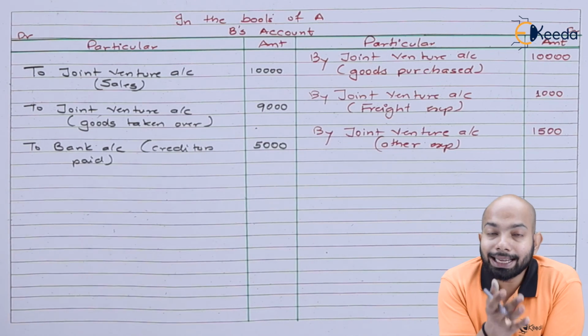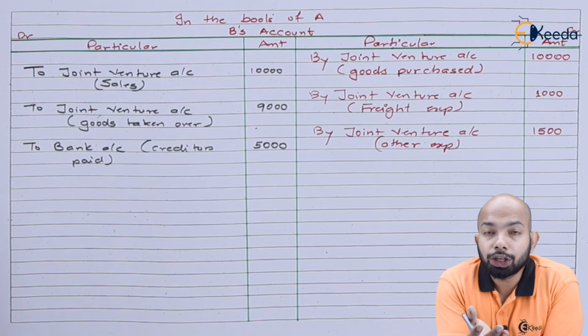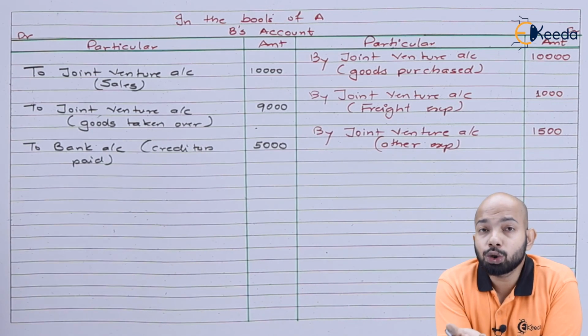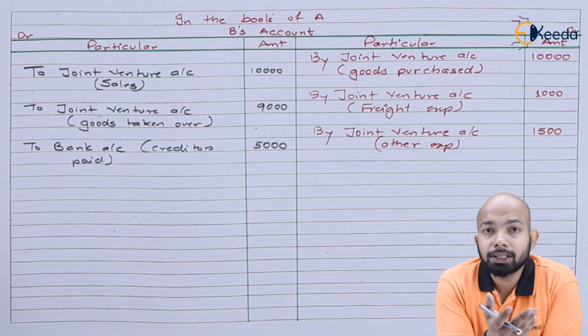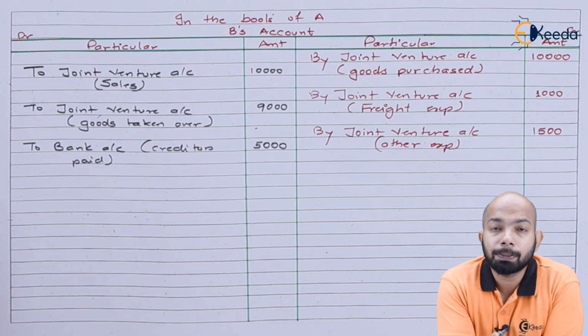And the next part will be the interest that is due by B to be paid to joint venture. So again, B's account debit to joint venture account is the entry. So on the debit side of B, it will be to joint venture account, interest paid 50 rupees.